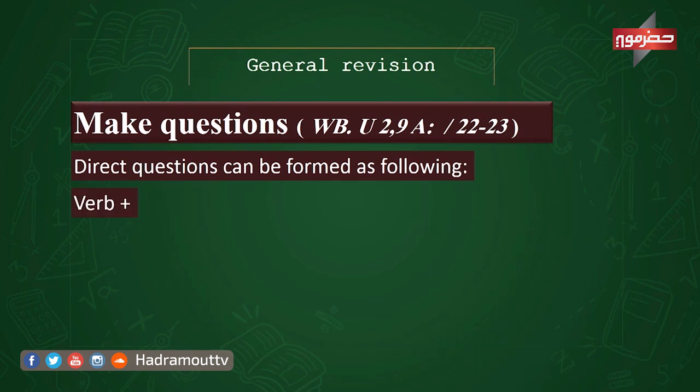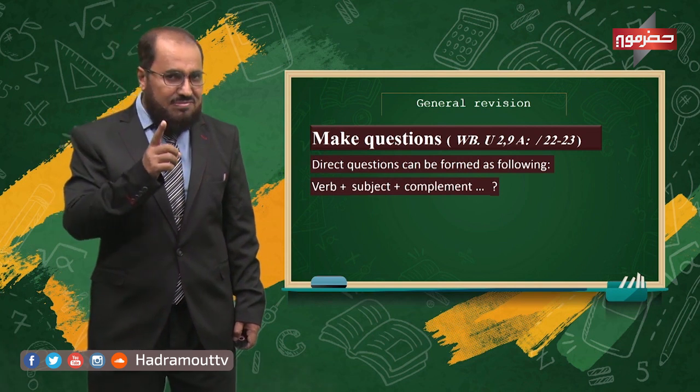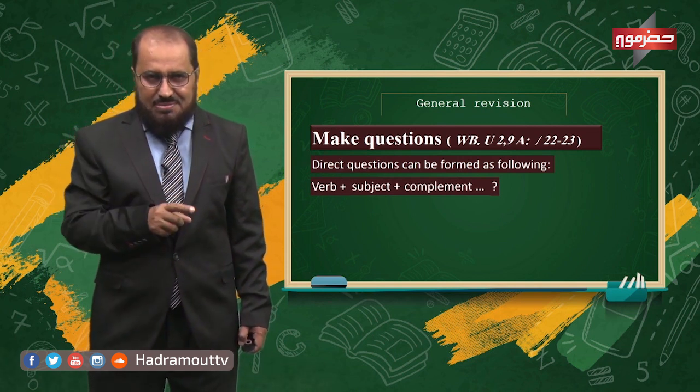Start with the verb, then subject, then complement, and don't forget punctuation. Question mark, okay, because this is a question. When you start with the verb, what kind of verb is it? Helping verb, not main verb.